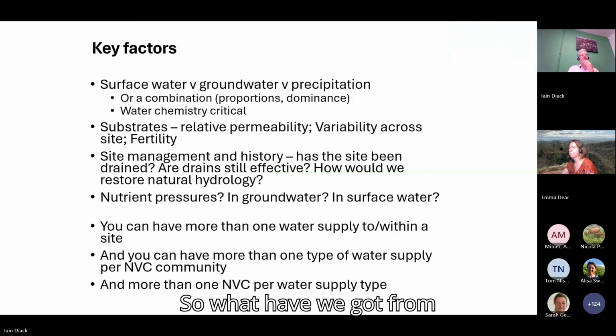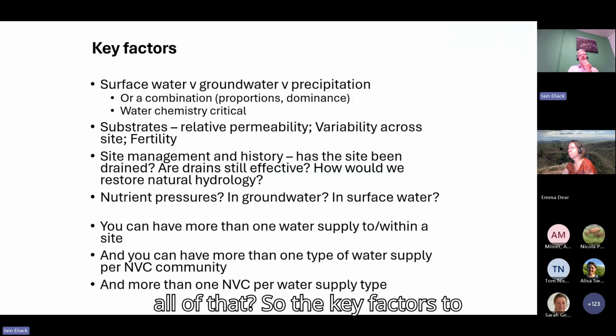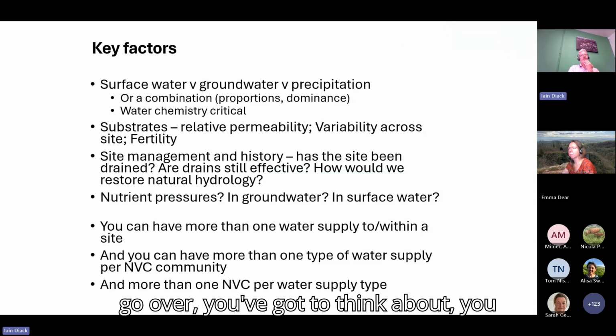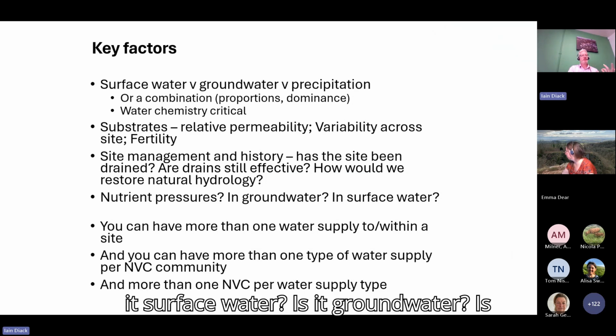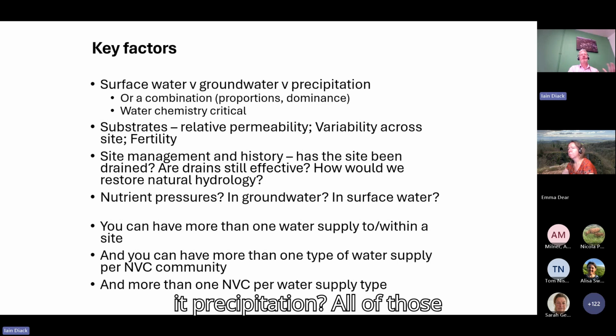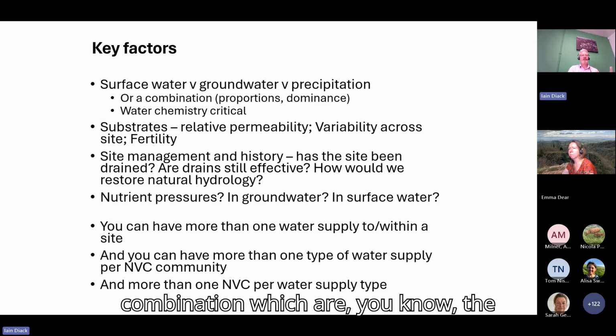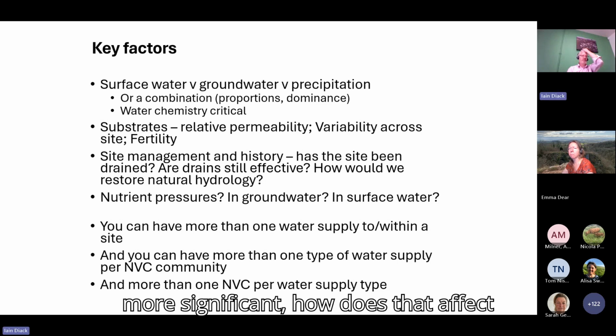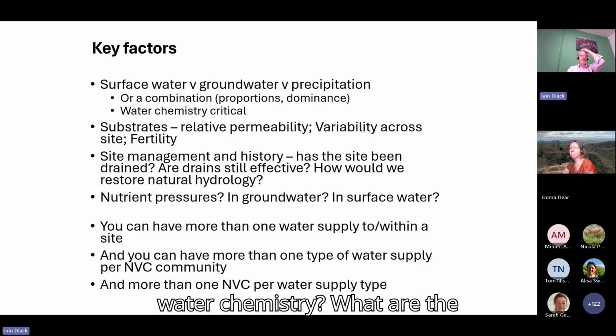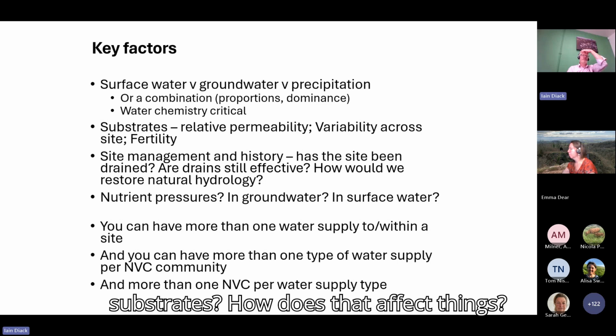So what have we got from all of that? The key factors to go over, you've got to think about, where is the water coming from? Is it surface water? Is it groundwater? Is it precipitation? All of those combinations, which are the more significant? How does that affect water chemistry? What are the substrates?